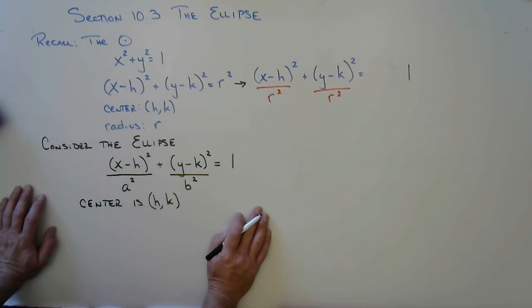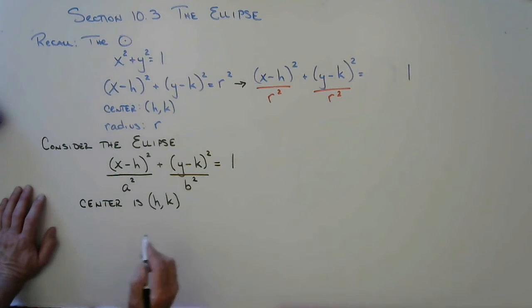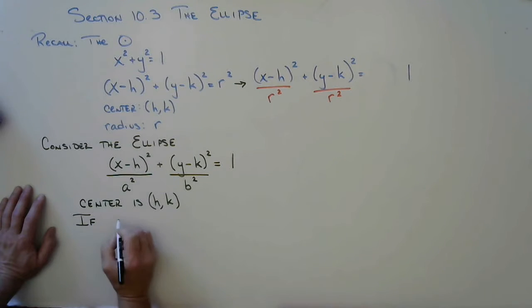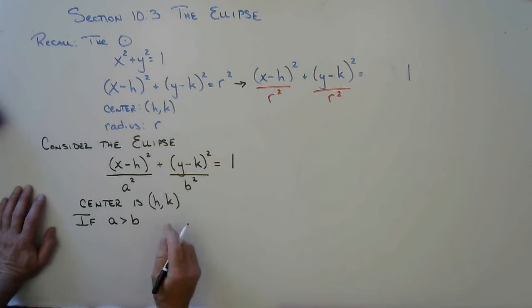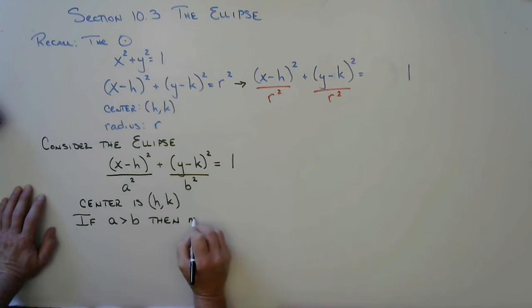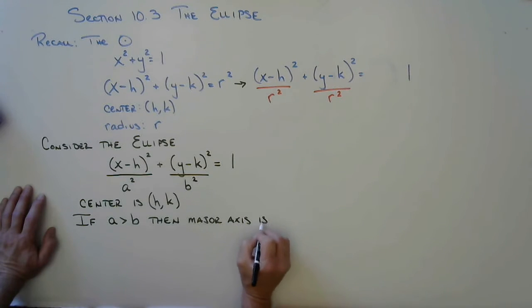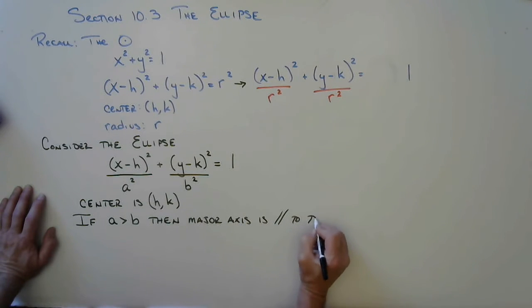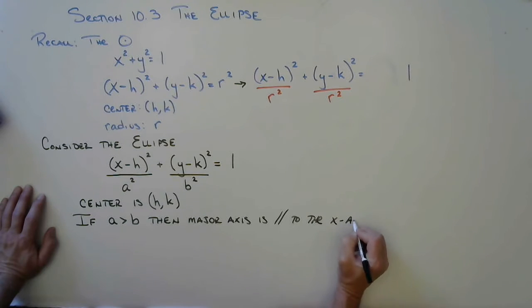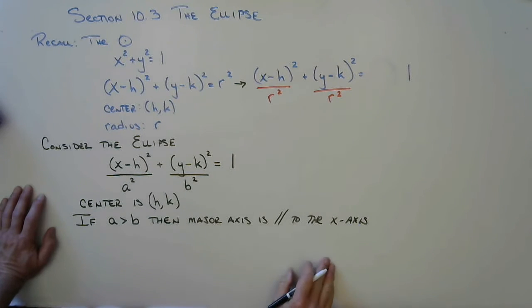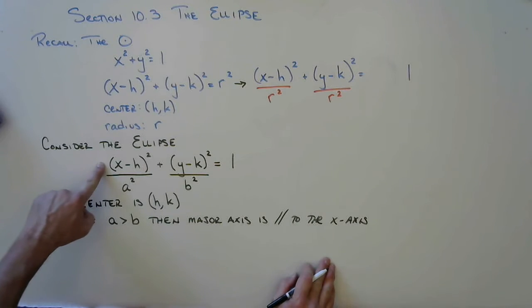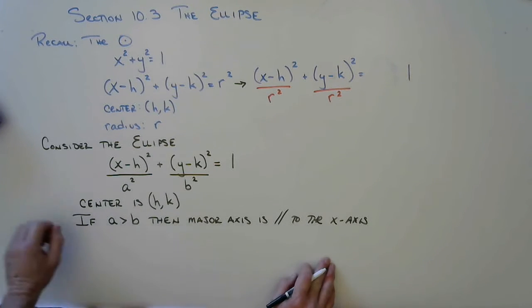Well, if a is greater than b, then the major axis is parallel to the x-axis. That's not hard to remember. Look, the bigger one's under x, so the major axis is parallel to x.